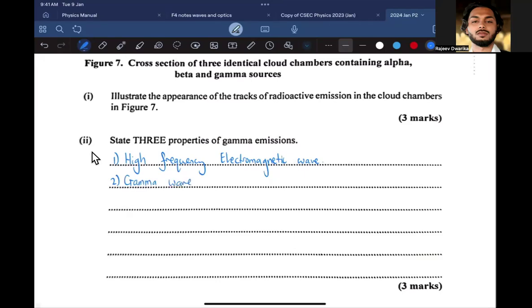Because they are EM waves, and all electromagnetic waves travel at the speed of light. I put it in the chart. I said they travel at the speed of light in a vacuum, the highest electromagnetic and high penetration. Nice.